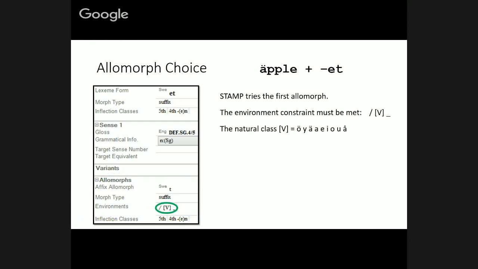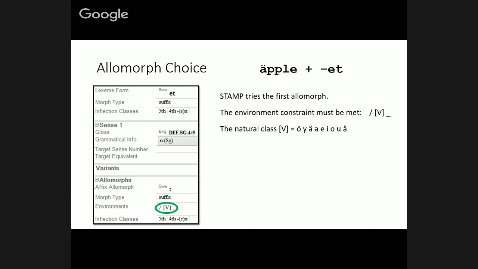Now, just a word about the allomorph choice. The way this works is, you may have two different forms. Like here we have the T form and we have the ET form. Well, it comes out as ET as the standard lexical form, but which one actually is the surface form that we want? Well, it has to go through some test checking. So first it looks at all the allomorphs. So we have T as our first allomorph. It checks that.